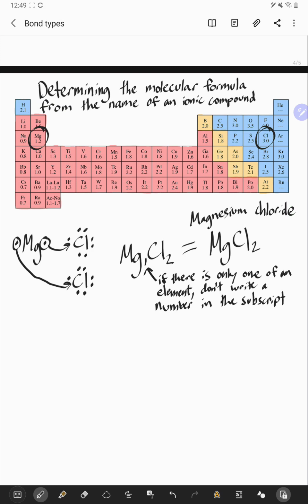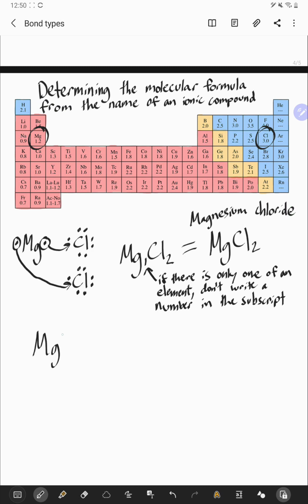And actually, before I do another example, let's show how to draw this. So magnesium and chlorine. Magnesium gave away its 2 valence electrons. It now has 8 valence electrons, but for whatever reason, when we're doing a Lewis structure and something gives away its 2 valence electrons, we're going to draw it as if it doesn't have any valence electrons.